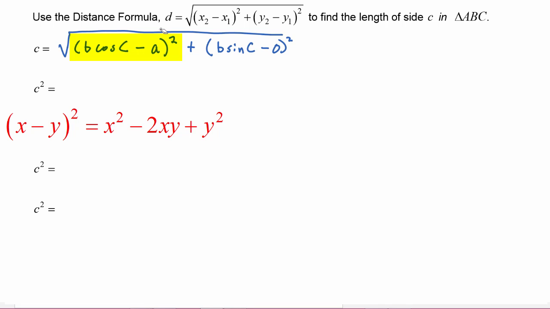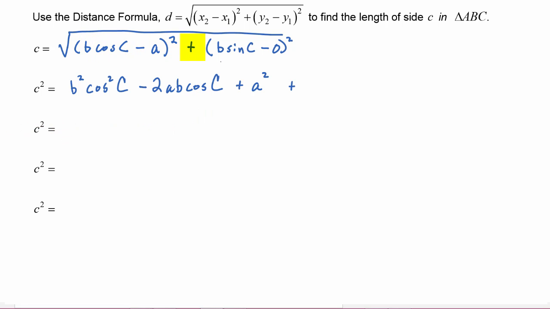We know from our algebra days that we take the first term and square it, so that would be b squared cosine squared C. We subtract double the product, so that would be 2 times a b cosine C. Then we add the second term squared, so there's an a squared.